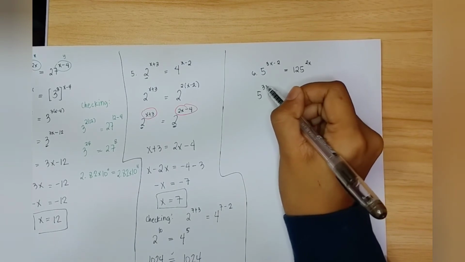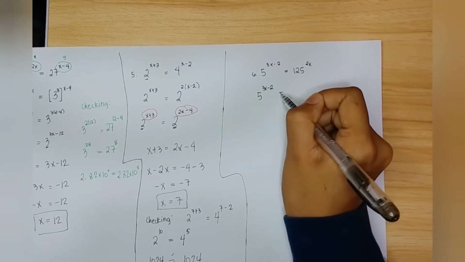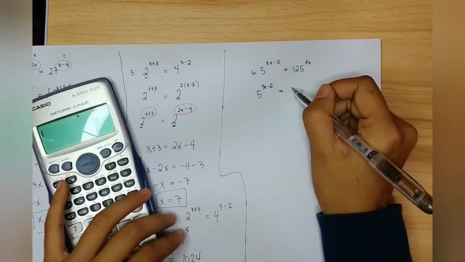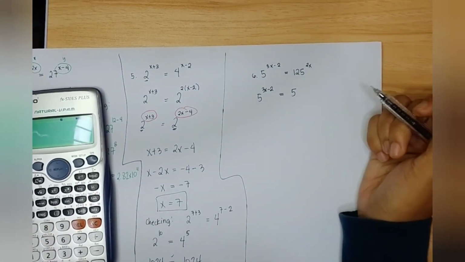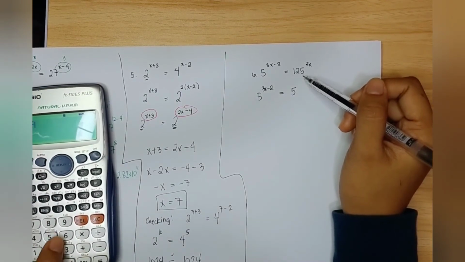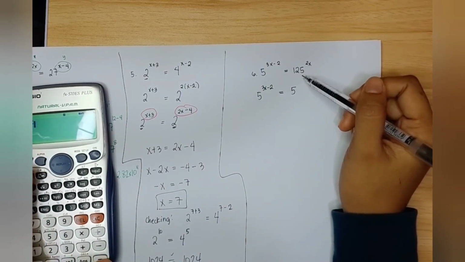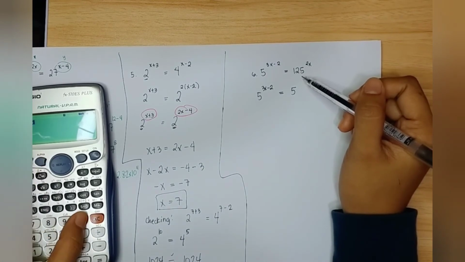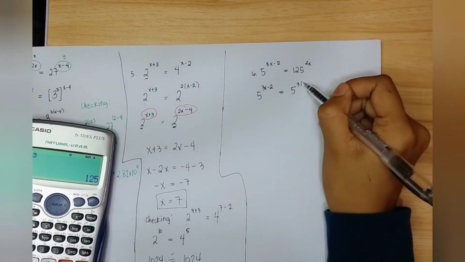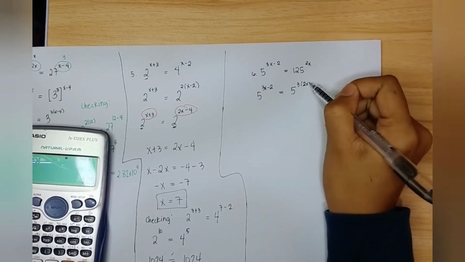That is 3x minus 2 is equal to, again, yung base natin dapat 5. Ano yung magiging exponent natin para magiging 125? 5 squared is 25. 5 cube is 125. So, dapat 5 cube siya. 5 cube or 5 raised to the power of 3 times 2x.